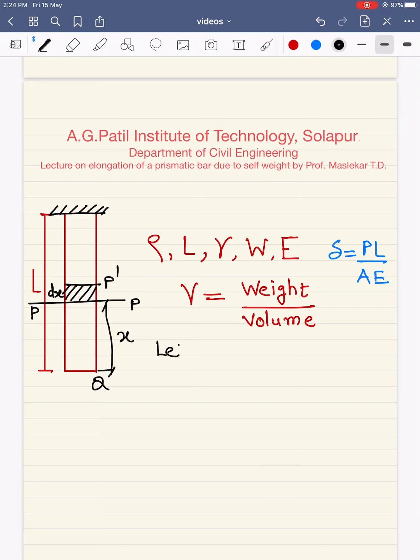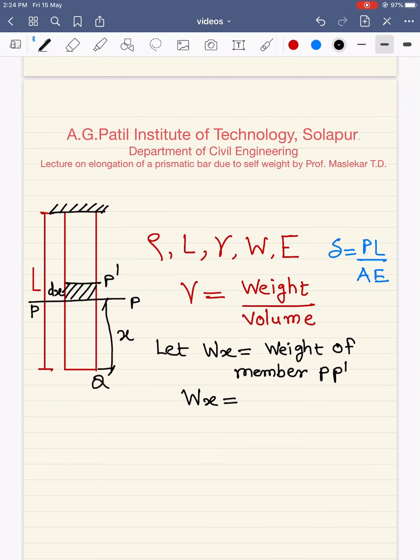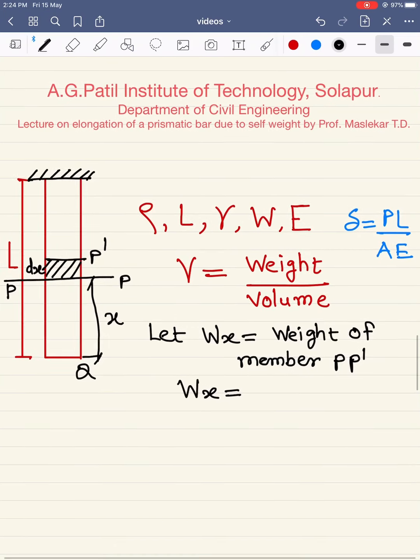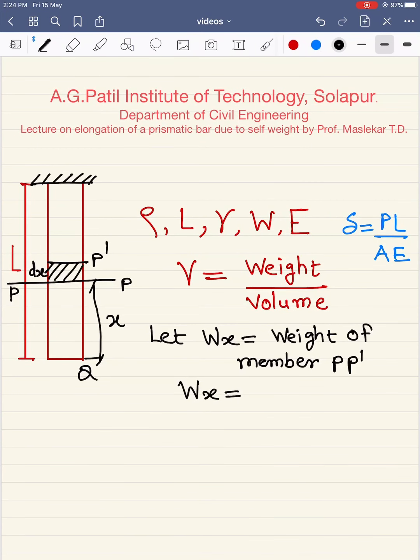Let Wx be the weight of member PP dash, and by observing the diagram we can say that Wx is nothing but the weight of the area PQ.